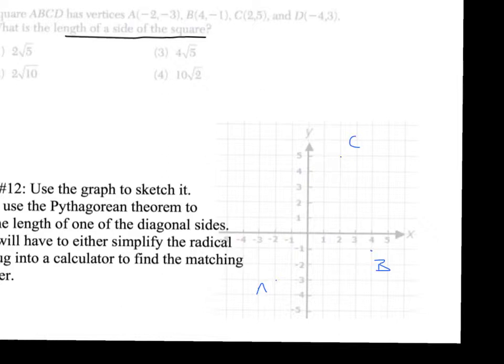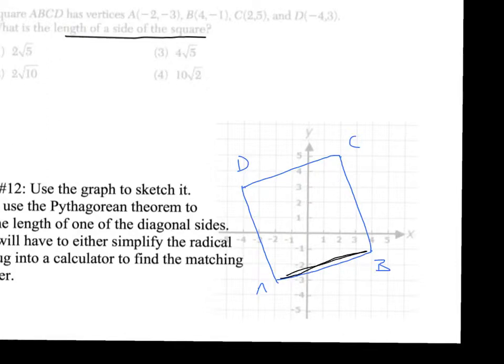As it turns out, you only need 2 of the points, but it's fun to graph, so graph some more. Okay, so we got a square. Looks like a square, so it must be right. They wanted to find out how long each side is.